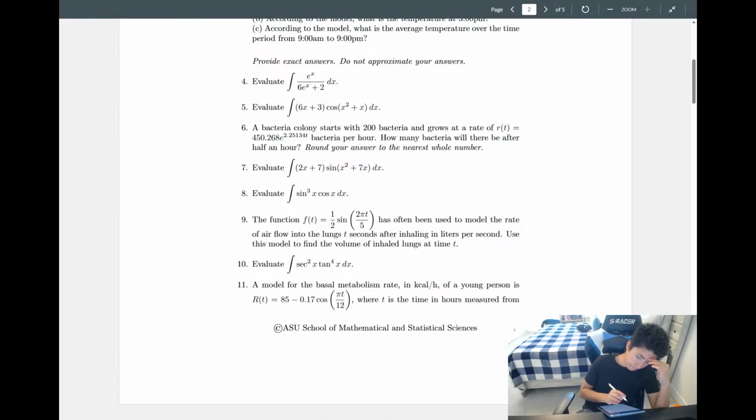Okay, let's see. 1 over 6u plus 2. I mean, it seems really obvious. Oh, yes.